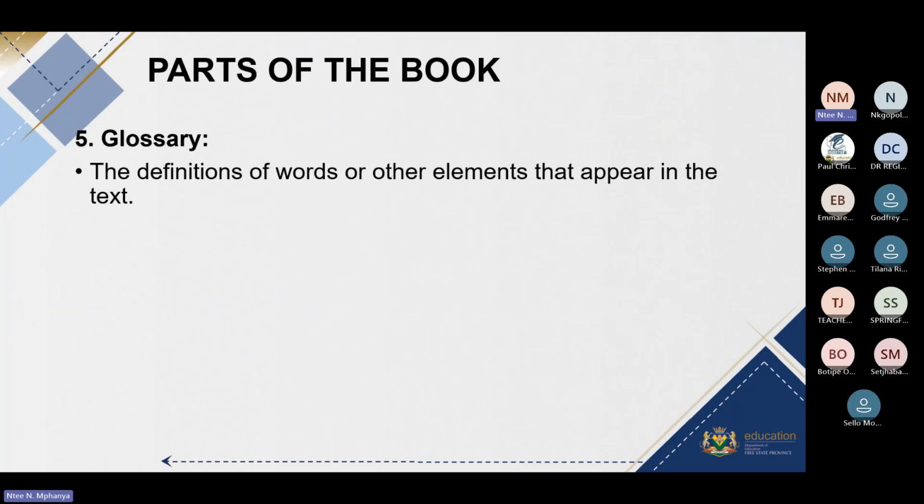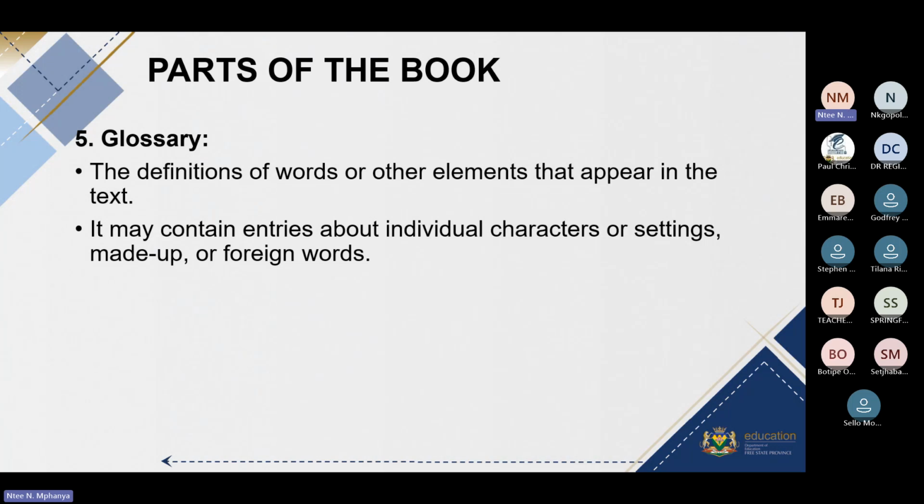Remember when you write your response to text, task 3, you'll always find that after the text or the passage, there is a glossary in which all the words that the examiner felt will be very difficult for you to understand are explained. It may contain entries about individual characters or settings, made-up or foreign words. Sometimes the difficult words will also be featured in the glossary.